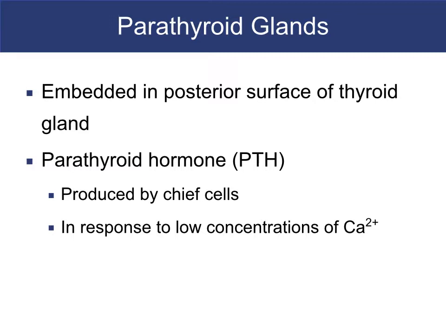It causes the osteoclasts to eat up more bone and release that calcium into the bloodstream. It works on the kidneys to keep them from peeing out so much calcium, so that raises your calcium level. And it works on your intestine, causing it to absorb more calcium out of your diet. Okay?